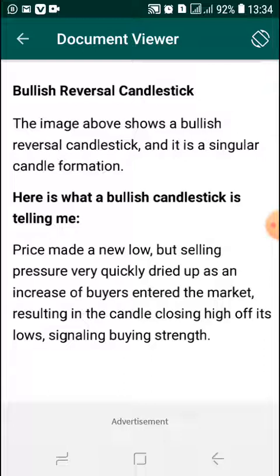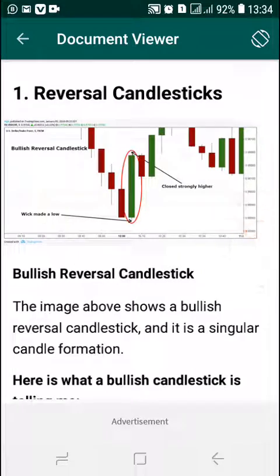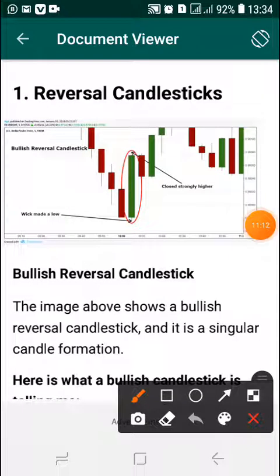The image above shows us a bullish reversal candlestick, and it is a singular candlestick formation we just explained. Here is what a bullish candlestick is telling me: the price made a new low. I need to explain this, which means when the price opened, remember on our previous lesson, I said when a candlestick forms and it is a bullish candlestick, it opens below.